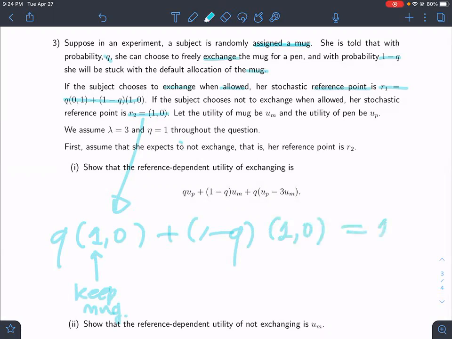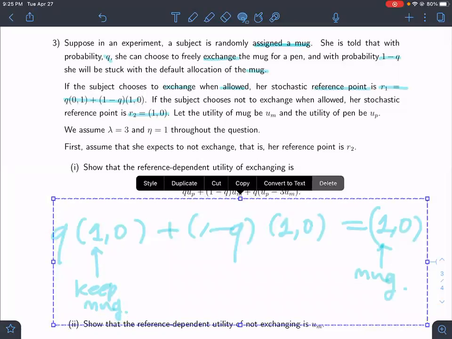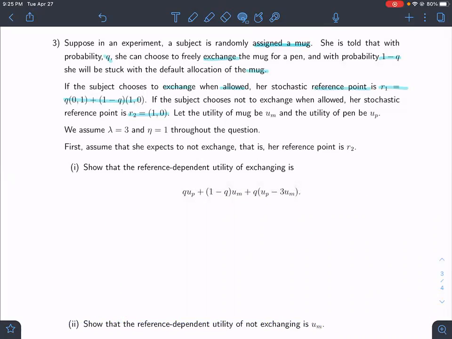So this is just trivially 1, 0, which is you just end up with the mark. This is the reason why the second reference point R2 is 1, 0. Let me erase this part. Looks redundant. Delete. Okay. Any questions?